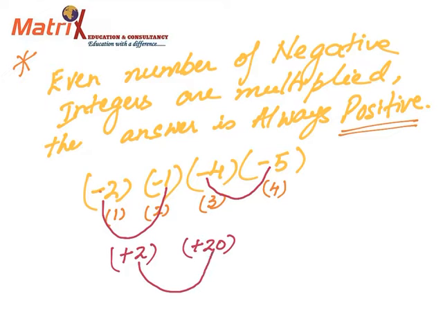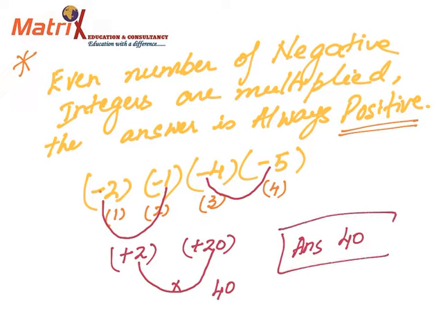Finally, I multiply these two numbers. I'm putting a multiplication sign here. That gives me 40. My answer is 40. This is the rule. This is the way we check our answers. Always reconfirm.